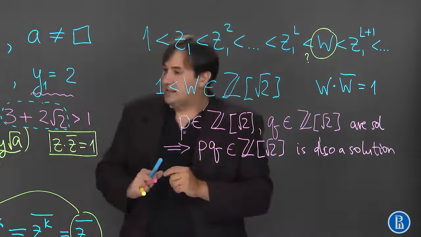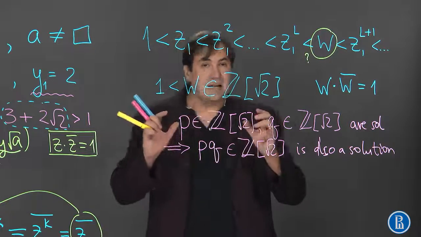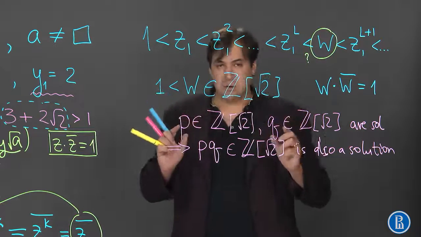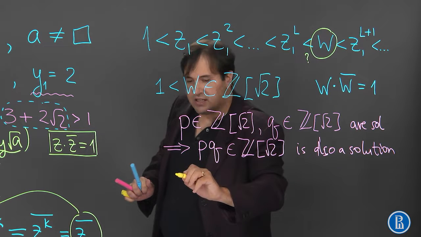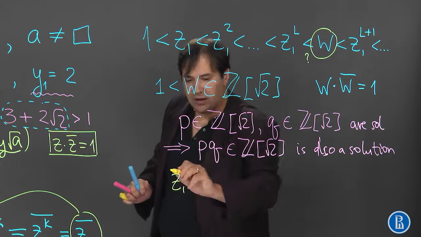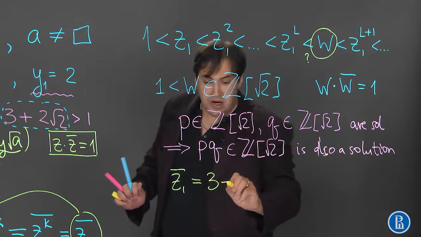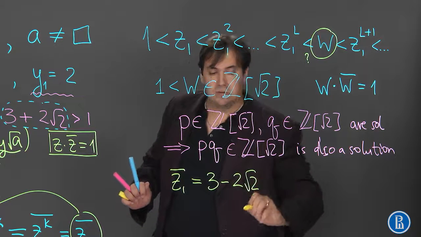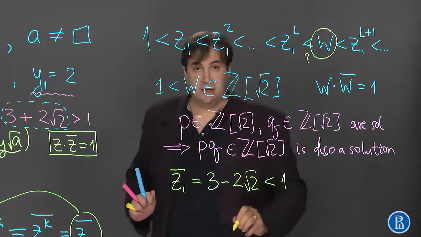And we understand that z1 conjugated, being simply 3 minus 2 times square root of 2, is obviously less than 1.